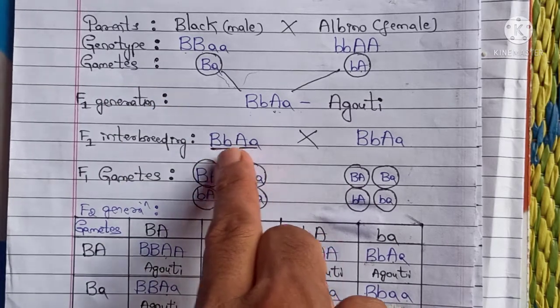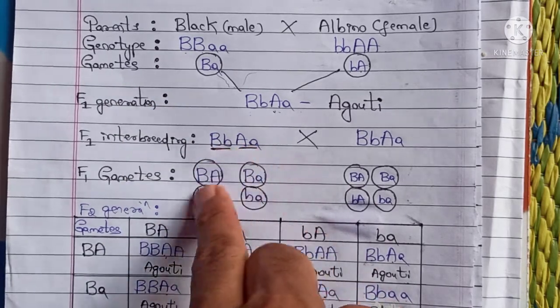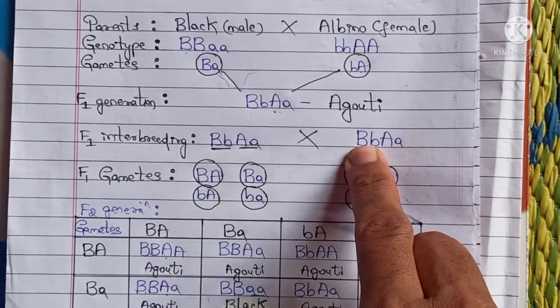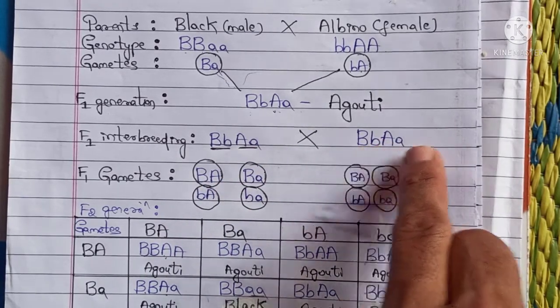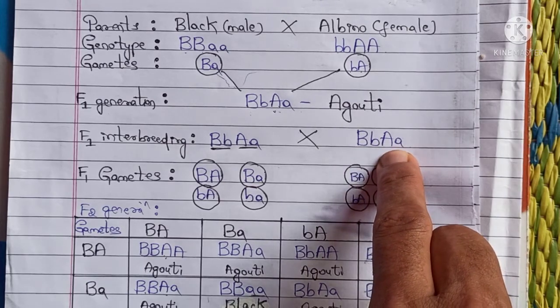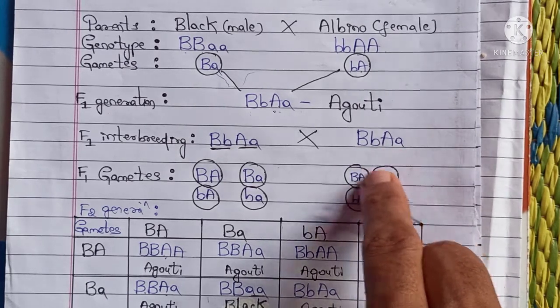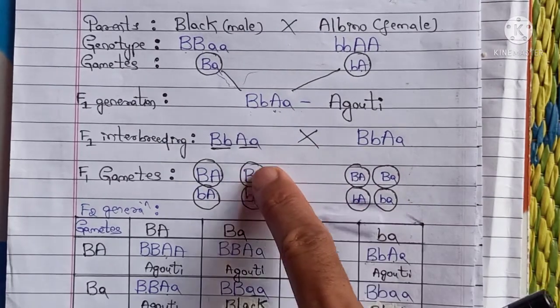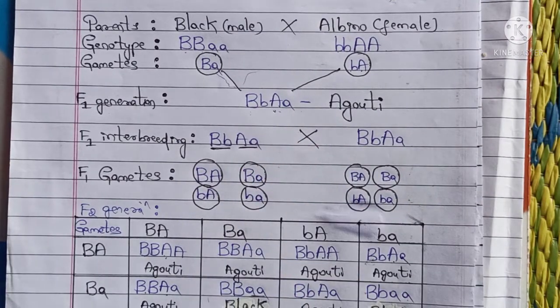Here two heterozygous conditions are there, therefore four gametes are produced. So here also one heterozygous condition, capital B, small b, another heterozygous condition, capital A, small a, therefore four gametes are produced. So totally 8 gametes are formed.